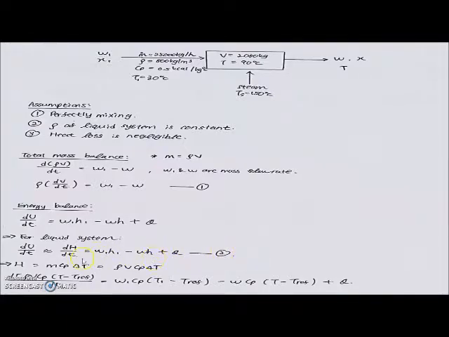The next thing I did was, I know that H is equal to M times Cp times delta T, and M here is the density times volume. So I make it into this form, which is rho V Cp delta T. If I substitute this whole thing back into equation 2, I get d(rho V Cp (T minus T reference))/dt, and the same goes for the right hand side of the equation.